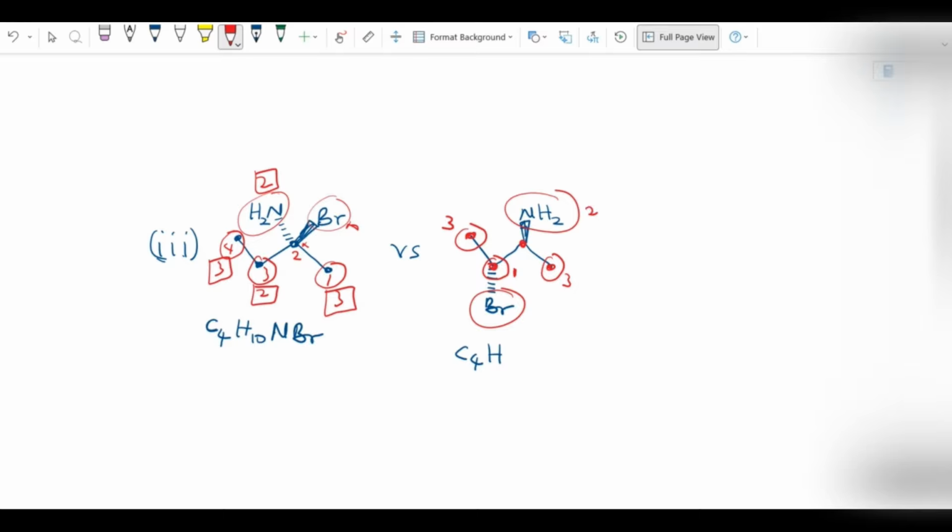And here we have 2 hydrogens. The total number of hydrogen is 3 plus 1, which is 4. 4 plus 3, which is 7. 7 plus 2 is 9. Okay, so the number of nitrogen here is 1, and then we have 1 Br.